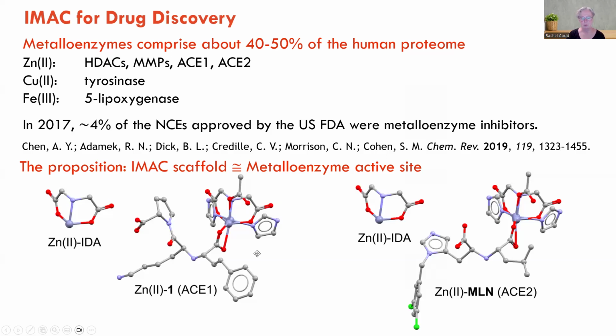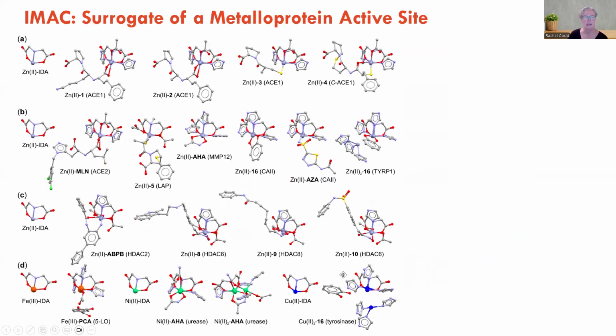Now, to prove this, I looked at the crystallographic database for drug ligand complexes, and mapped these onto crystal structures of nickel IDA and other constructs, and showed that there was excellent overlap. So that's probably at this point a little bit confusing.